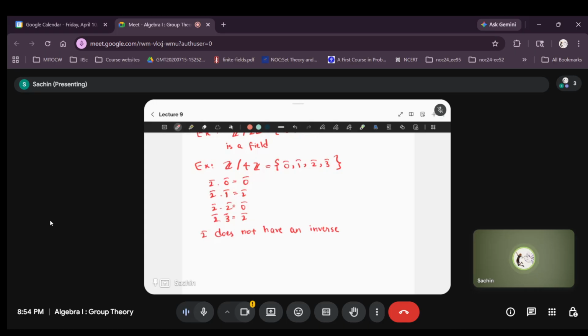That's why you have to just know the definition and use it. Inverse of A is some element B such that AB is equal to the identity E. Inverse of 2 bar is some element, some B bar, such that the product is the identity. Here, multiplicative identity is 1 bar.